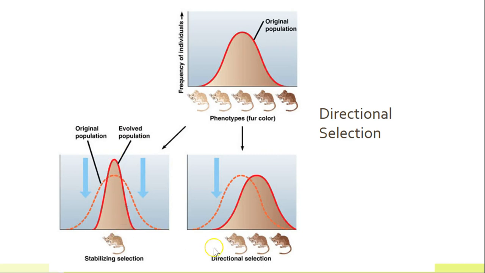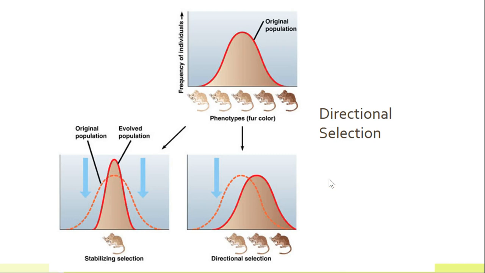But let's say that you have these same mice, let's go back to our mice, and you have a dark brown soil, like really dark brown. You're going to start selecting for the darkest mice, and you will select against the blonde mice, right? And that is directional selection. Now, on the other hand, you could also select for, let's say you live on the beach, as we've seen, you could select for blonde mice and against dark mice, and so you could actually shift in the other direction too.